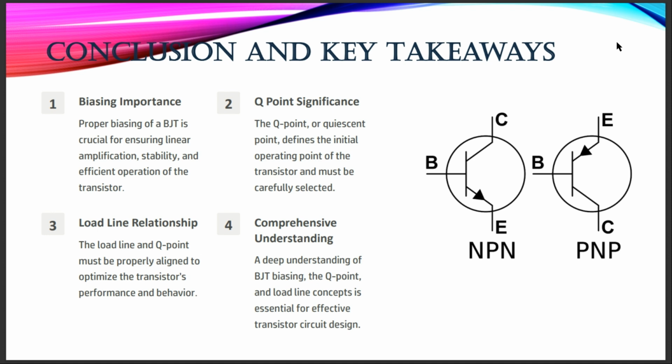Load line relationship: the load line and Q point must be properly aligned to optimize the transistor's performance and behavior. Comprehensive understanding: a deep understanding of BJT biasing, the Q point, and load line concepts is essential for effective circuit design. There are two pictures, PNP and NPN transistors.